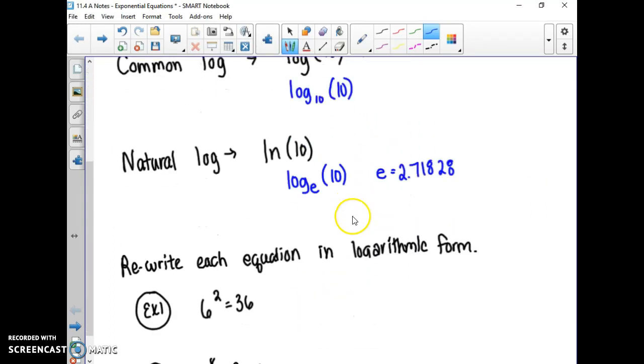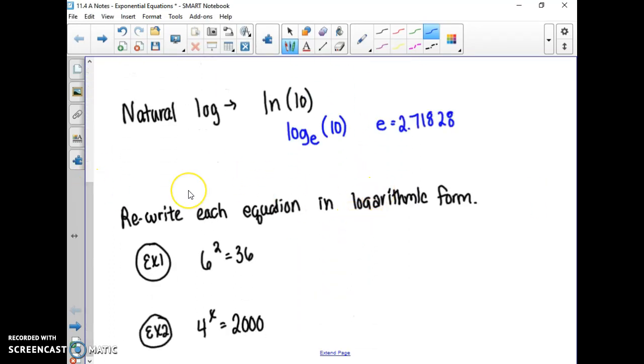So the first thing that we're going to look at is rewriting exponentials in logarithmic form. If we have 6 to the second power equals 36, we would rewrite that as log base 6 of 36 equals 2. See here that the base of the exponent becomes the base of the log.